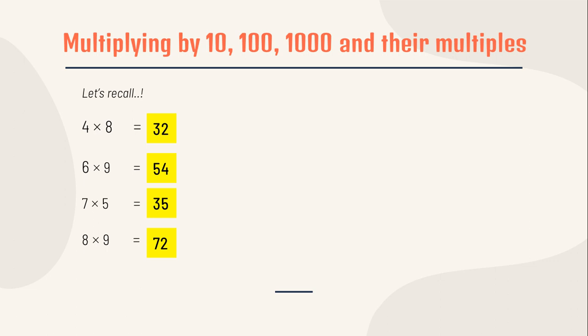Please practice it at home, because in primary 5 we do not have time to recall like what is 6 times 4, or what is 7 times 2, or what is 7 times 7. We do not have time for that because it has been discussed in the previous grades.